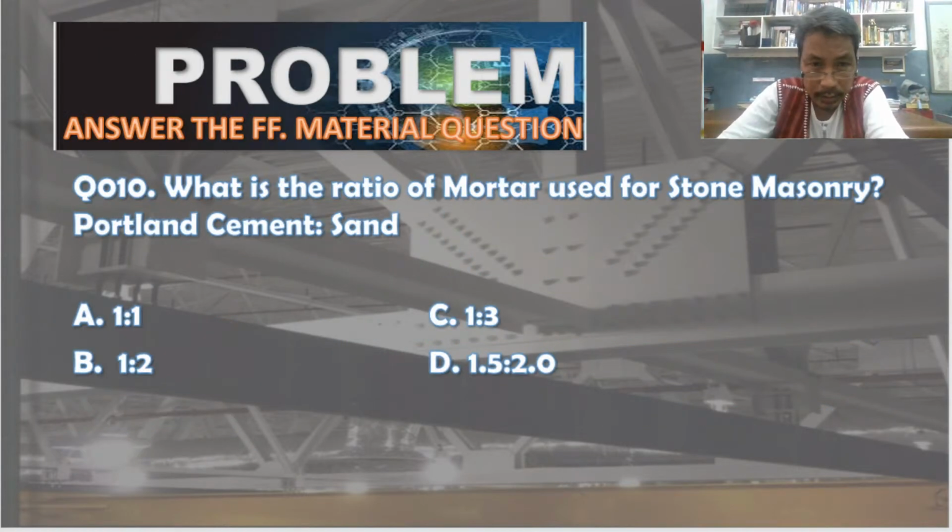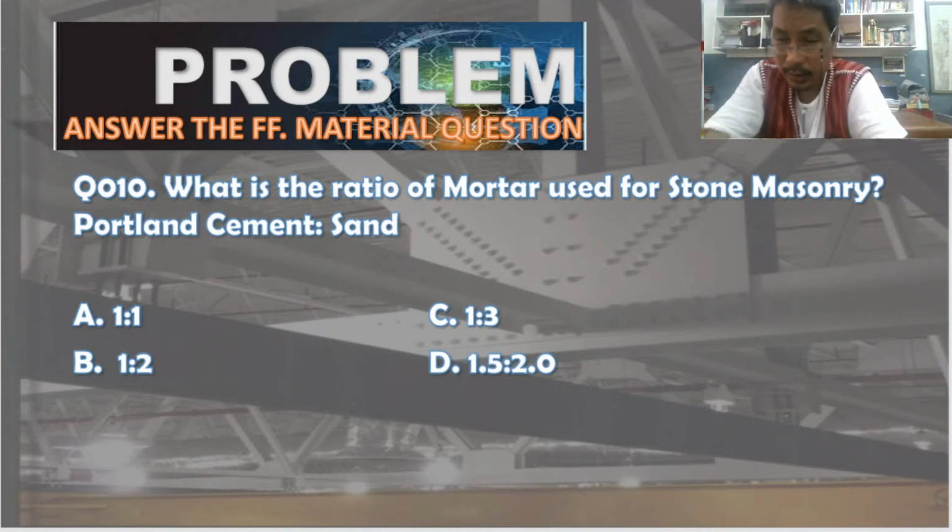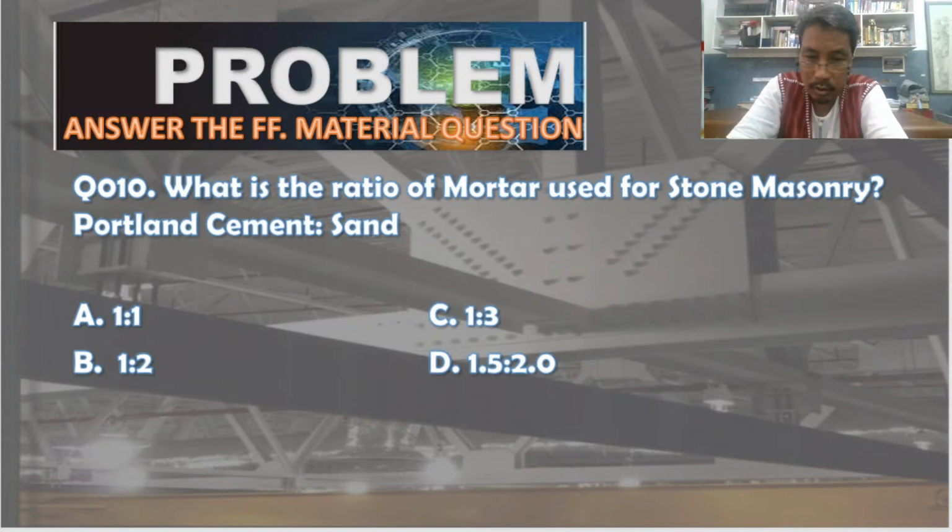So next is our last slide for your challenge question. This is a materials engineering problem. Number 10: what is the ratio of mortar used for stone masonry? Portland cement is to sand. That is what we mean by mortar, the mixture of Portland cement and sand.